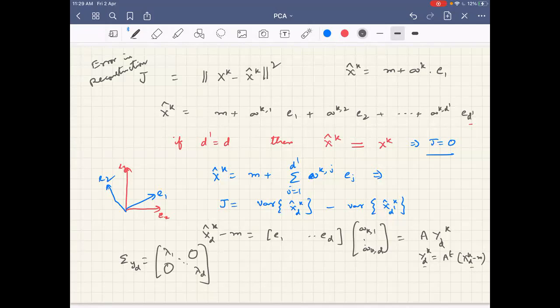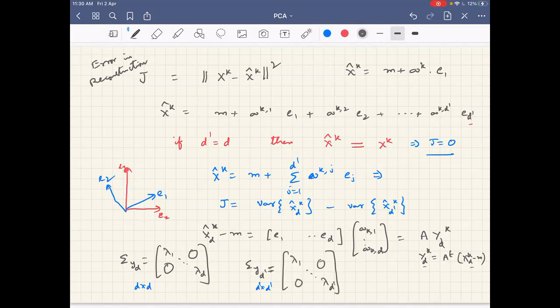Whereas on similar lines, if we consider only d dash dimensions, sigma yd dash is the covariance matrix, because please note that sigma yd is a d cross d matrix, whereas sigma yd dash is a d dash cross d dash matrix, with lambda 1 to lambda d dash.